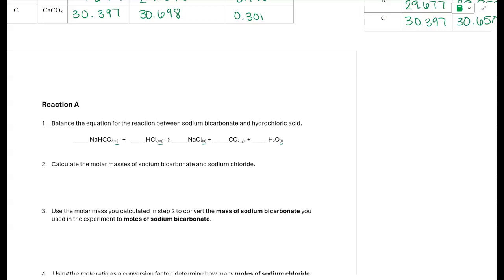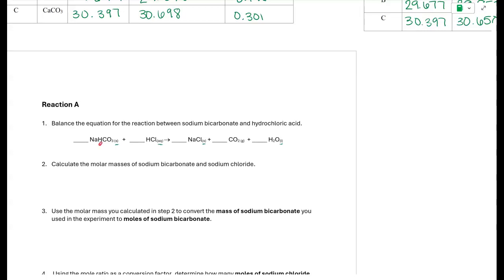So we're starting off by looking at this reaction, and we see that on both sides of the equation, we've got a sodium here and a sodium here. And then we have an HCl here and a Cl here. Okay, so far the sodium and chloride are balanced. So then we can look at our hydrogen.